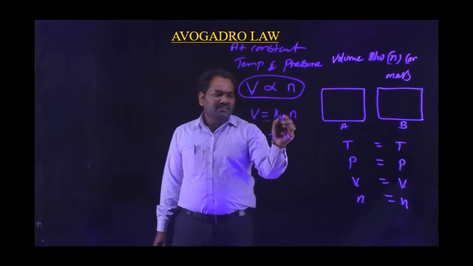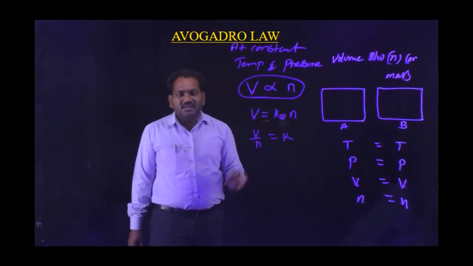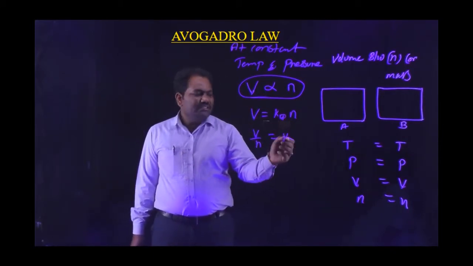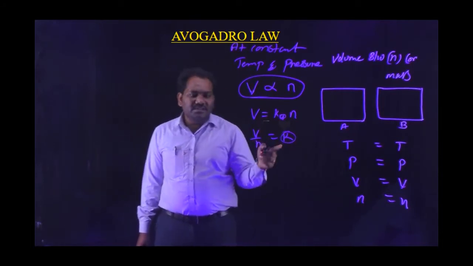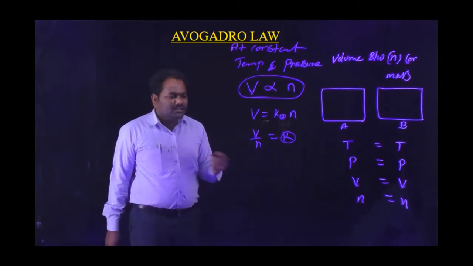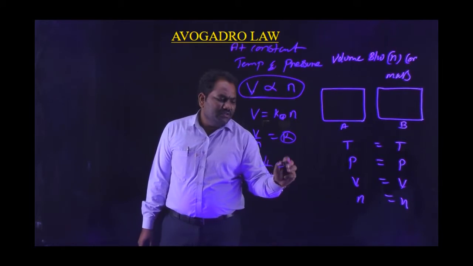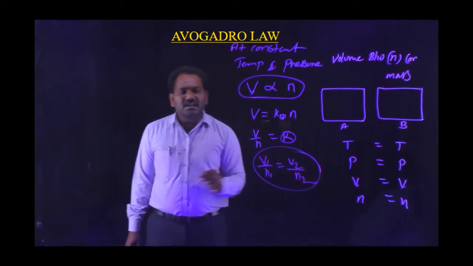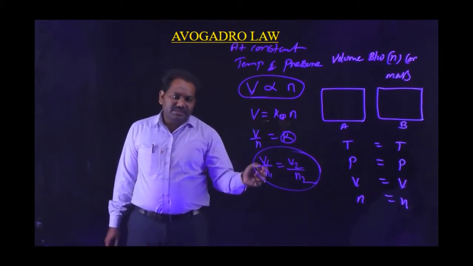The 4 indicates this is the fourth of the gaseous laws, so we indicate K4; otherwise we can simply write K. The proportionality constant depends upon the conditions and varies from one gas to another. So we can also write V1 by N1 equals V2 by N2. This equation is called Avogadro's equation.